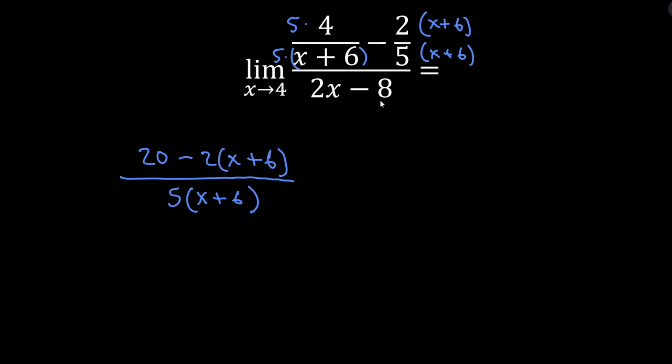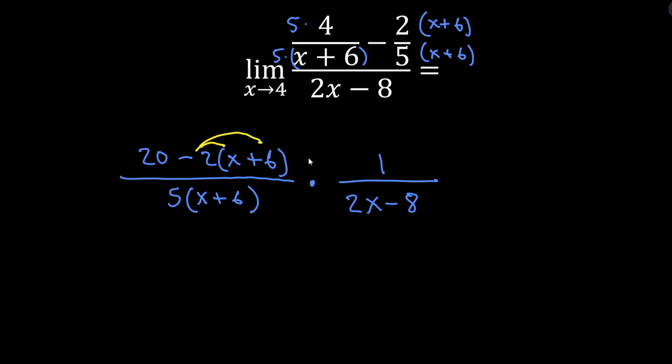Amazing. And now I can rewrite this divided by 2x minus 8 as times 1 over 2x minus 8. So now all I think I have to do is distribute this negative 2 and then see what's going on here. I have a feeling something's going to cancel. So when I distribute this negative 2, what do I get? Minus 2x minus 12.